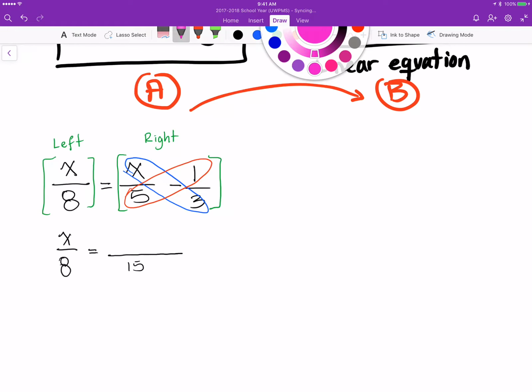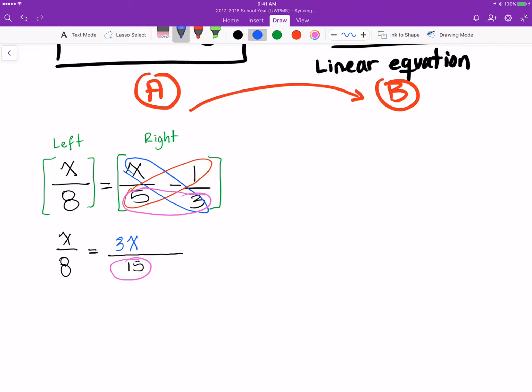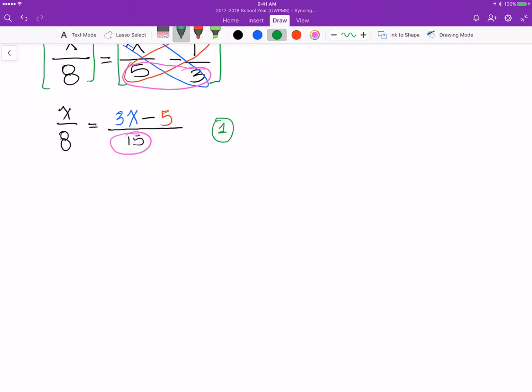That's where I'm getting the 15 from. 3x minus 5. I have already completed one step out of my multi-step equation, but I'm still not finished.